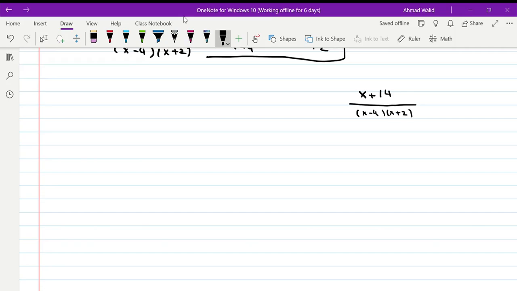But when you go to calculus 2, if I put the integral sign in front of it, find the integral of x plus 14 over x minus 4 times x plus 2. This is one of the worst integrals that we teach the students in calculus 2. You cannot find that integral easily unless you change this rational expression to its partial fractions.